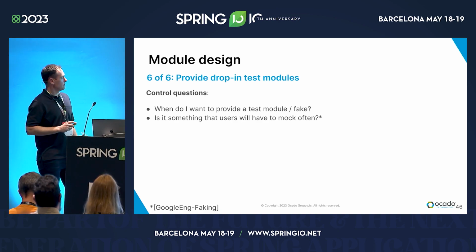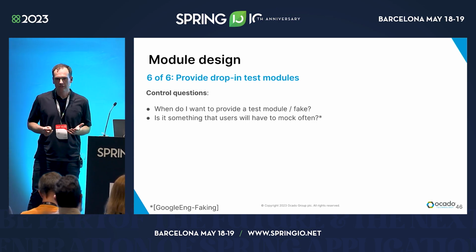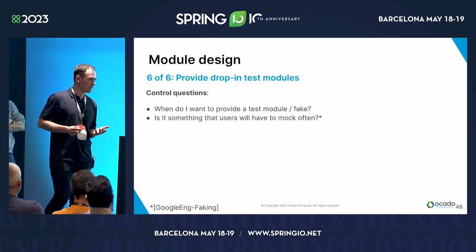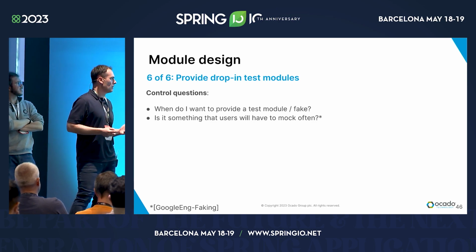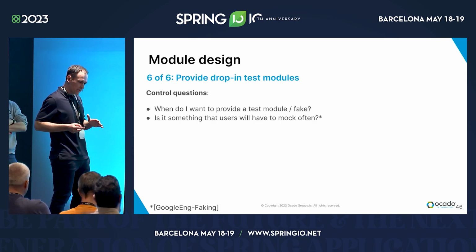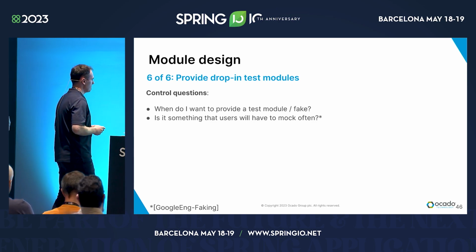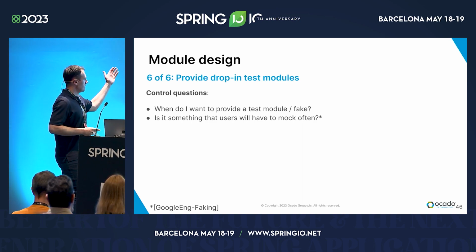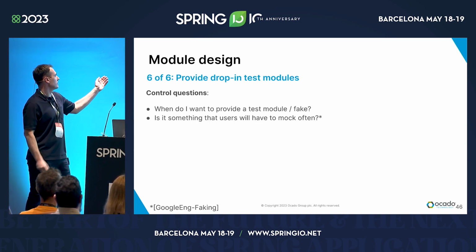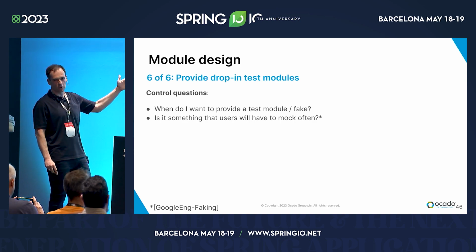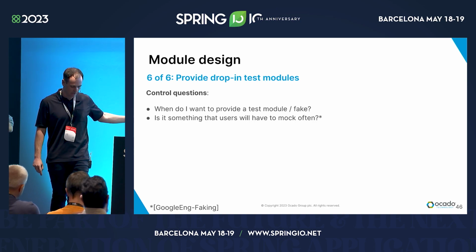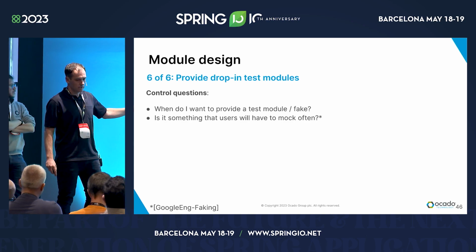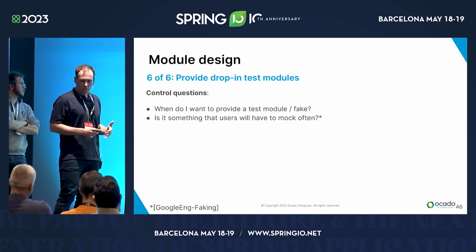A good question is, when do I actually want to provide a test module to a user? Would I provide a test module, or a test double, for every single module? So here is a question and an answer: is it something that users will have to mock often? That comes from the engineering at Google book, from the section about faking. And we also do it like this.